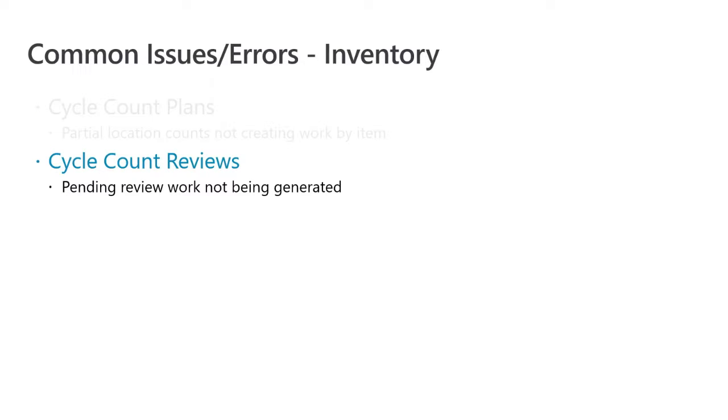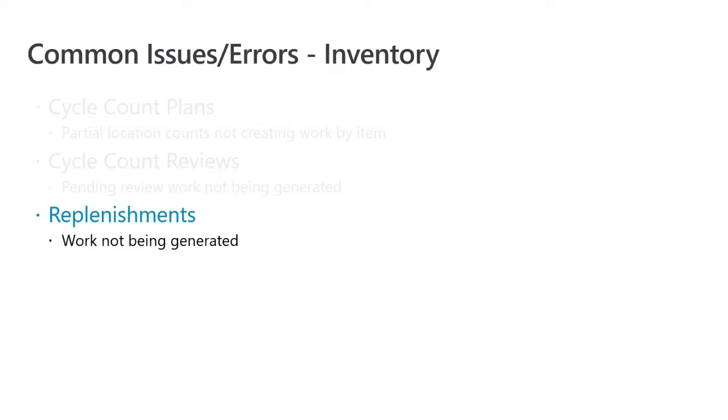And also related to cycle counting, once you are performing a cycle count and the user has entered their count, if there's a discrepancy, there should be a review process afterwards. And if you're not seeing the pending review work being generated, then that is another issue you may encounter. When it comes to replenishment, you may also have a work generation error.